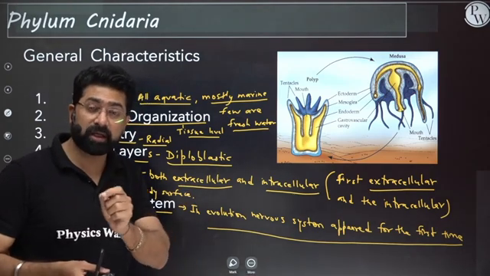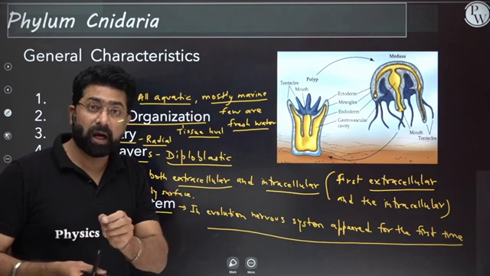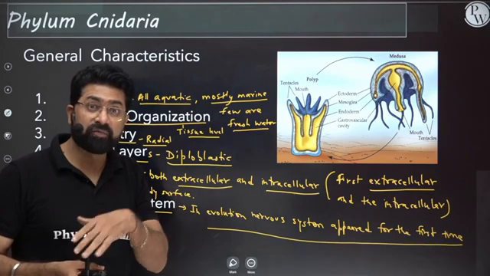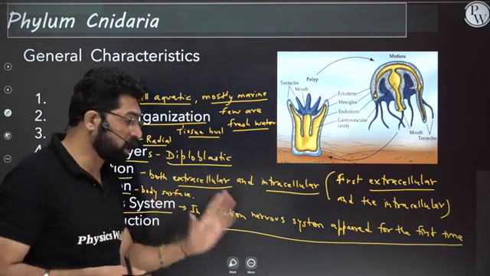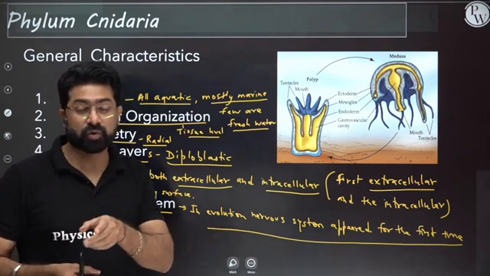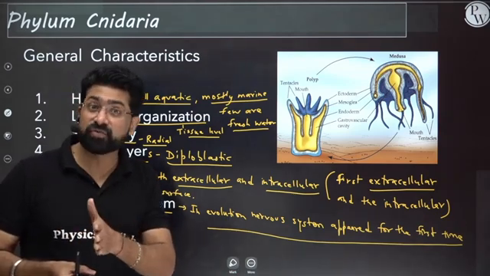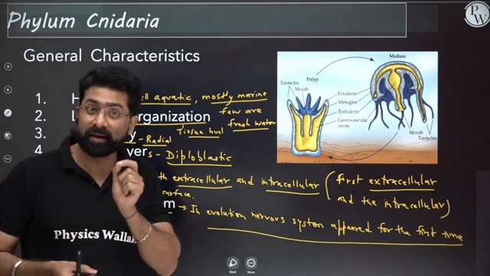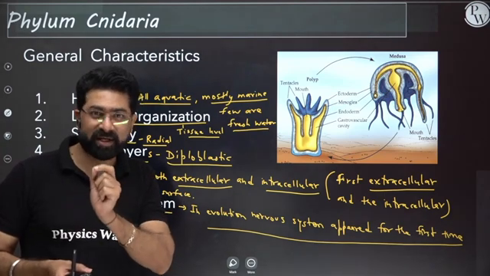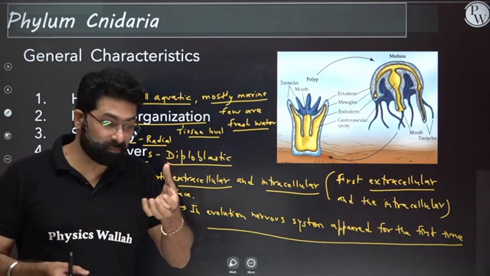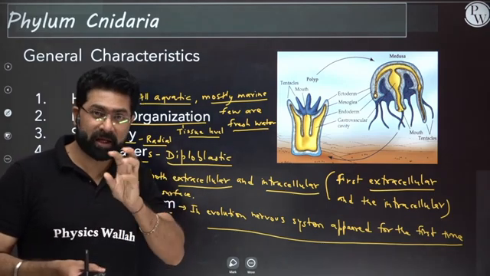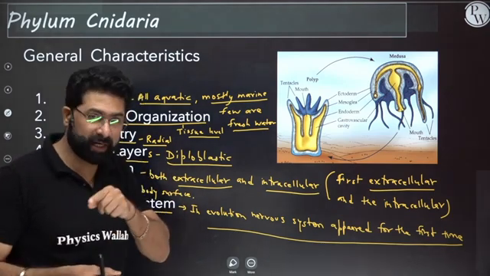But if the question comes, nerves arose first in which phylum, then it is not Cnidarians. So please write in the chat box in which phylum the nerves appeared for the first time. Nerves are actually bundles of neurons packed by connective tissues. Okay, so write in the chat box.